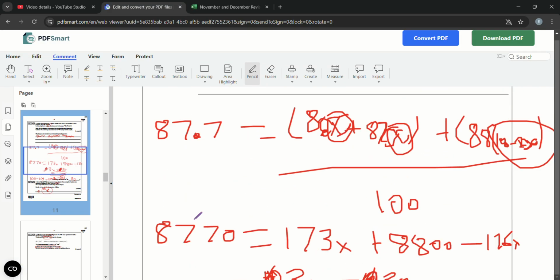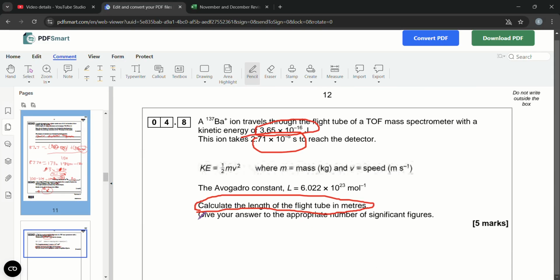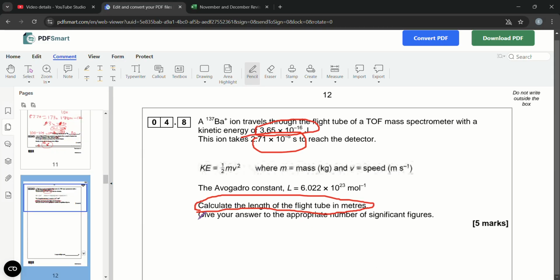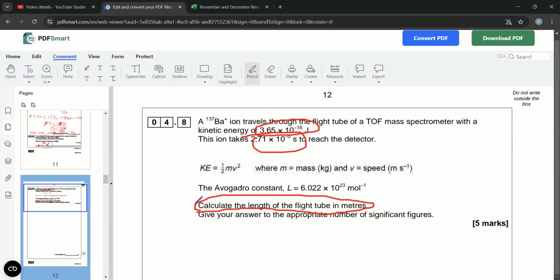Let's check. Previously, no. We don't have the mass. Okay. So 5 marks. We're going to work step by step.